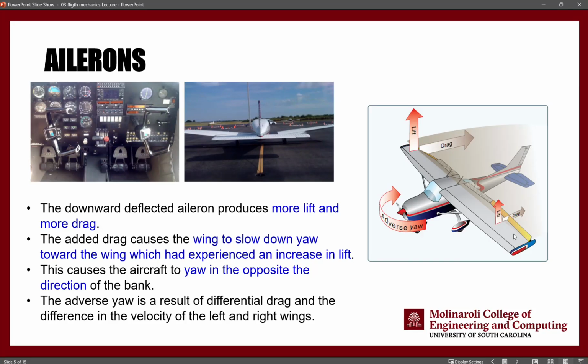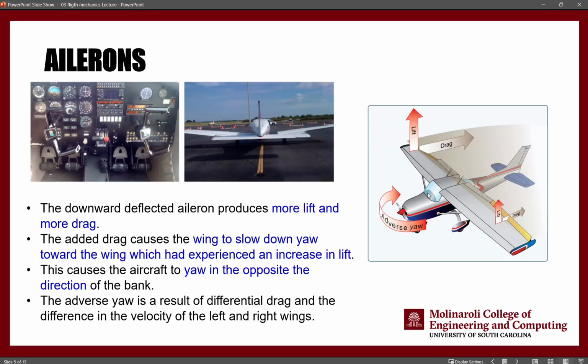The idea is when one of these ailerons moves up, you are going to see a reduction in lift in this direction. And when this aileron on the opposite side moves down, you are going to see an increase in lift. Why do we see a reduction in lift? We're going to talk about this a little bit later as well.